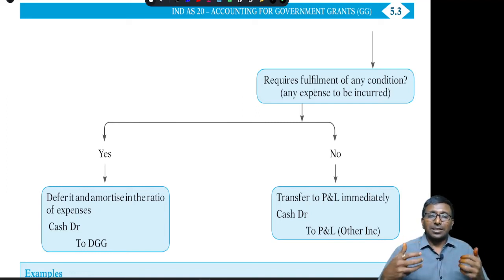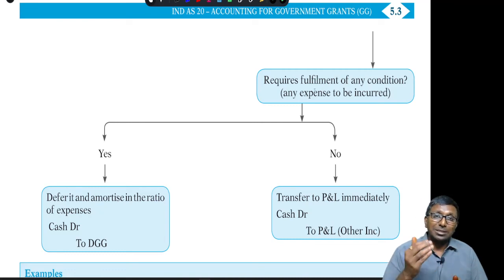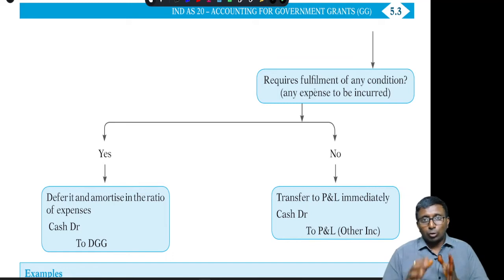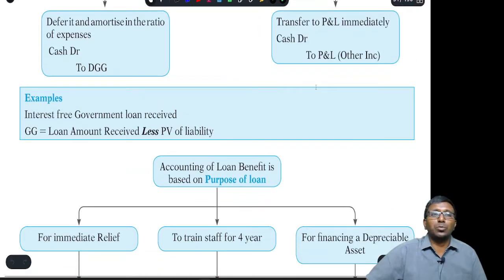Because of the compliance of conditions, are we supposed to spend some money? If you say no, then you can transfer it to profit and loss immediately. If you say yes, we have to fulfill some conditions for which we are going to spend some amount of money. Under that circumstance, cash account debit to DGG account, and DGG to P&L in the ratio of the expenditure.